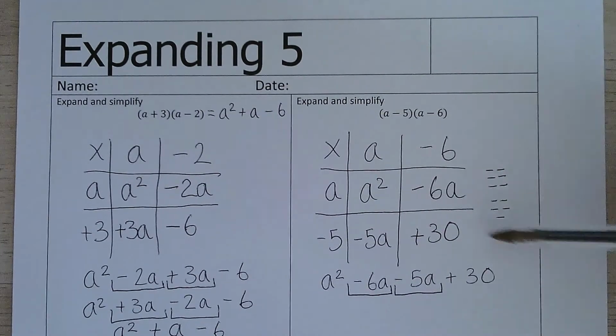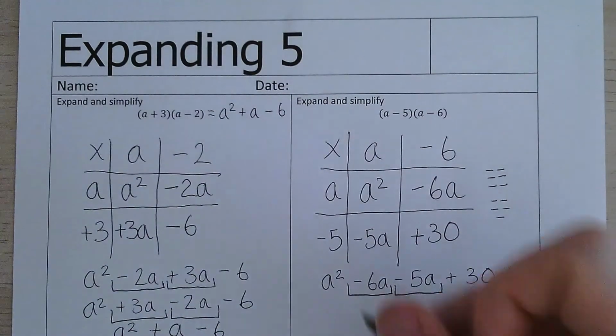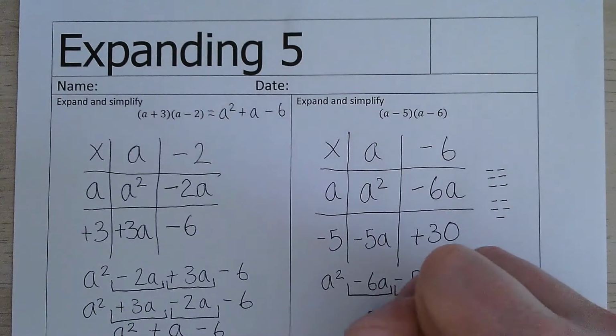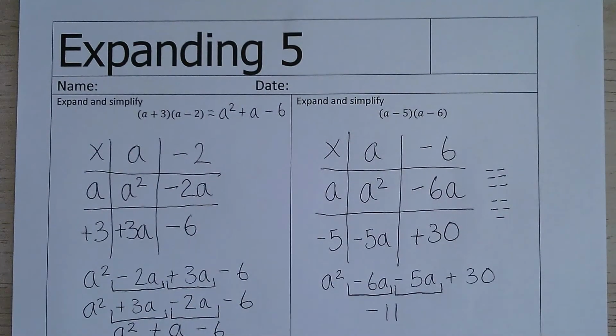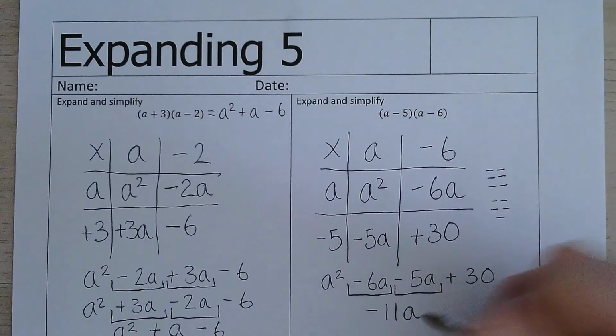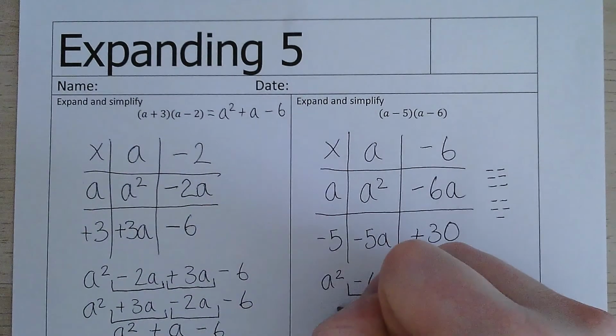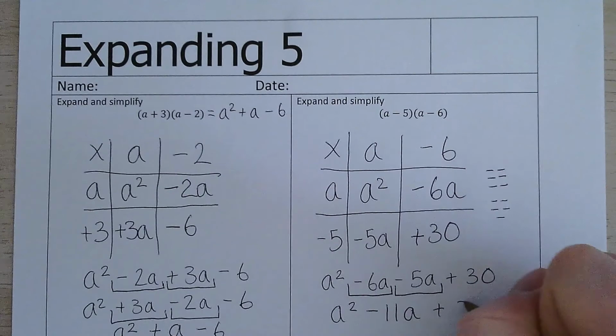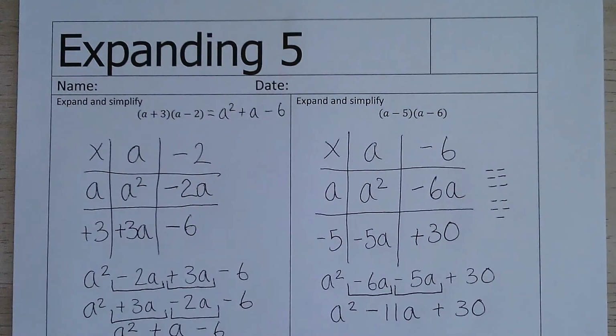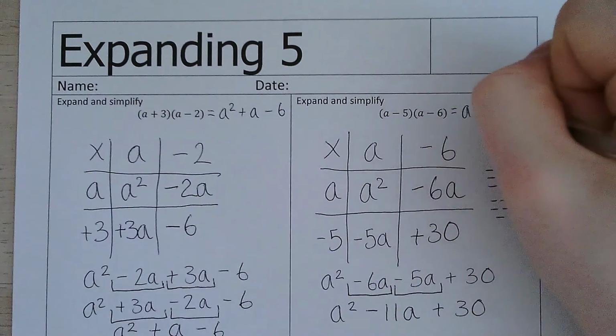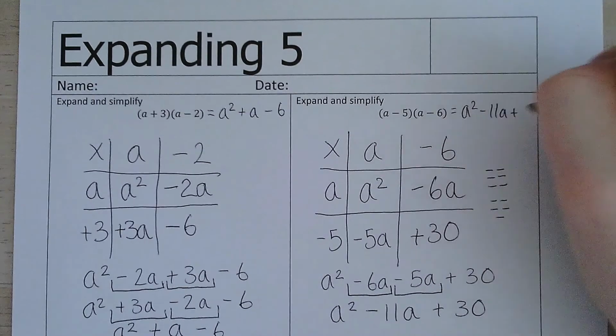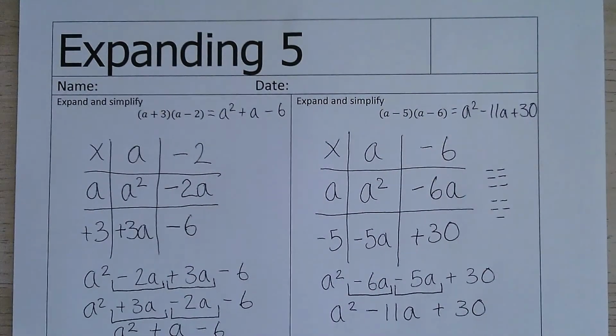So altogether I count up how many counters I've got. I have 11 counters and they are negative counters, so we get minus 11 lots of a. The other 2 terms drop down, so the overall answer for this question is a squared minus 11a plus 30.